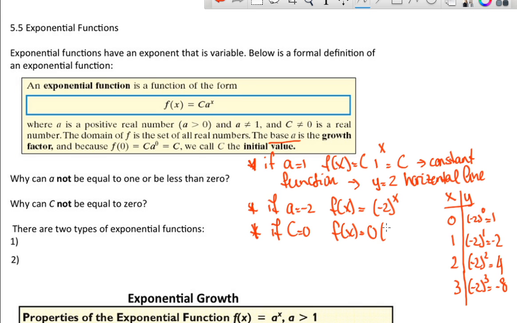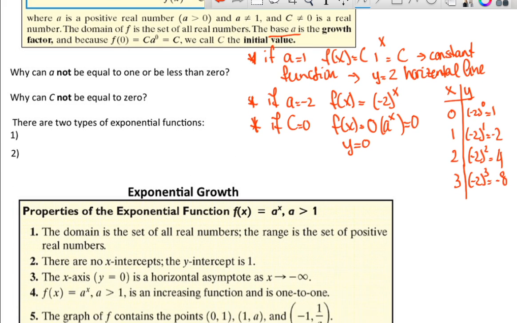You would get c, 0, and 0 times anything is 0, and that again is the constant function y equals 0, also known as your x-axis. So there are some good reasons why the base has to be greater than 0, but it cannot equal 1, and a cannot be a negative value, and c can't be 0.